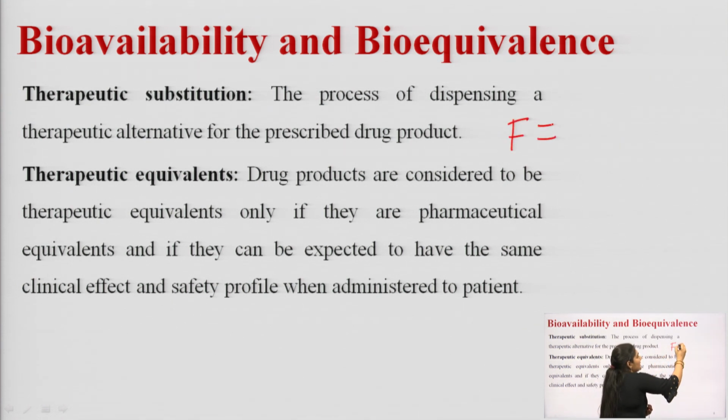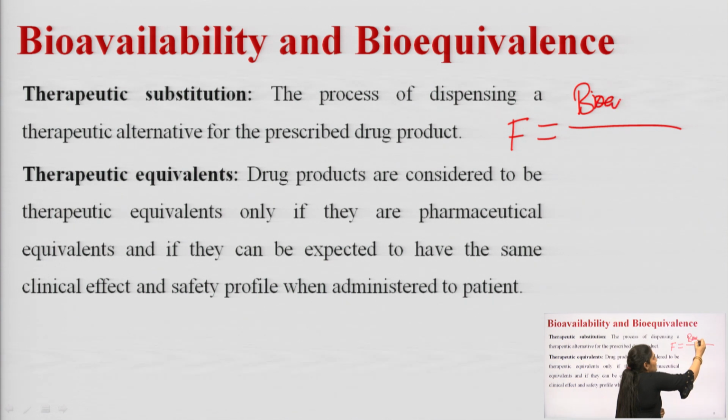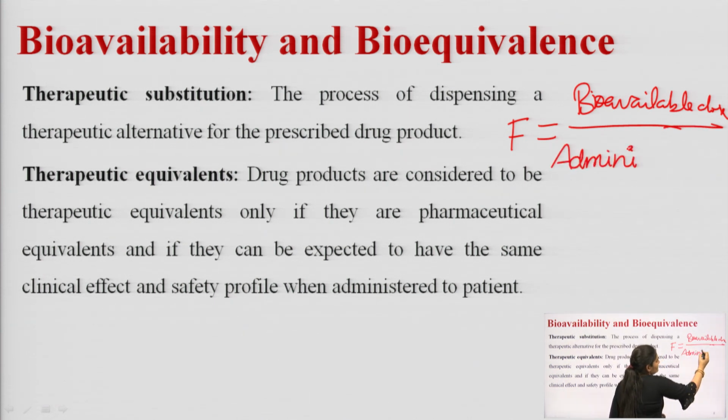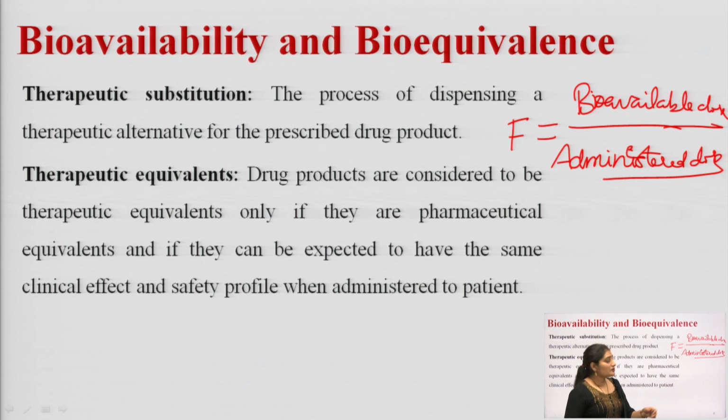We represent the bioavailable fraction by the letter F, and the value of F will be equal to the bioavailable dose upon the administered dose. Okay. So, the ratio of bioavailable dose to administered dose will give you the bioavailable fraction.